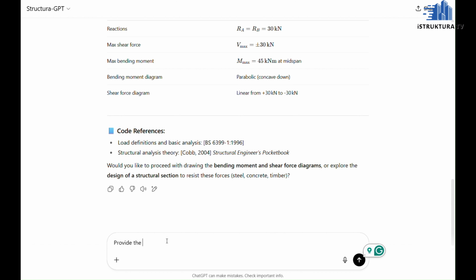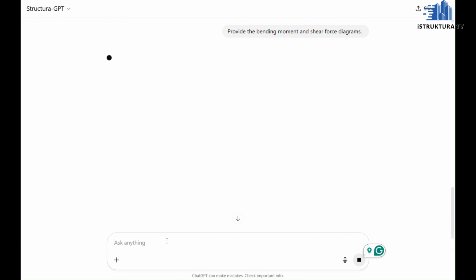Provide the bending moment and shear force diagrams. Let's see. Analyzing.